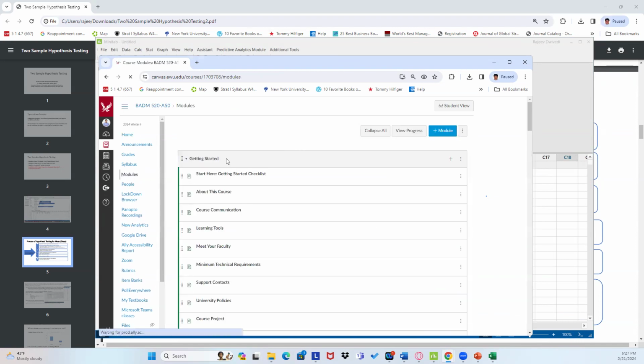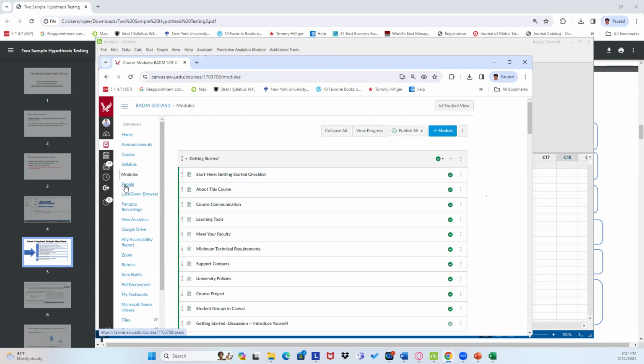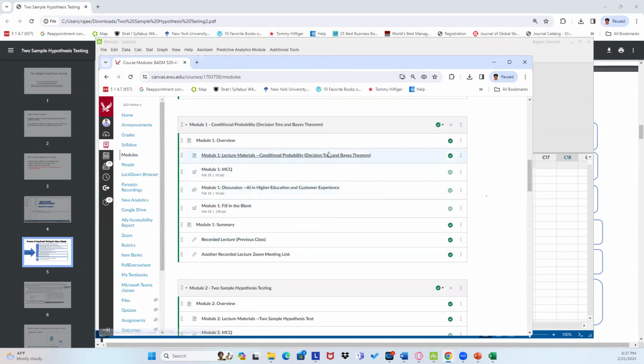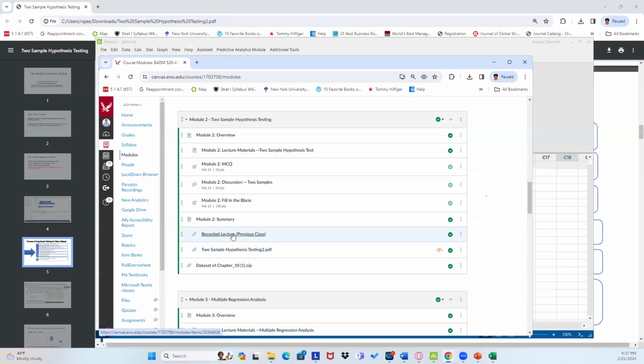I always prefer you to follow the course, then go under module, and under module you will find the lecture and the MCQ. Some people just directly go into the assignment. Here you can see the recorded previous lecture. This is the PDF I'm sharing, and this is the data set belonging to the book, which is shared here. So in case you want to play with the data set, you can do that. Okay. Thank you.